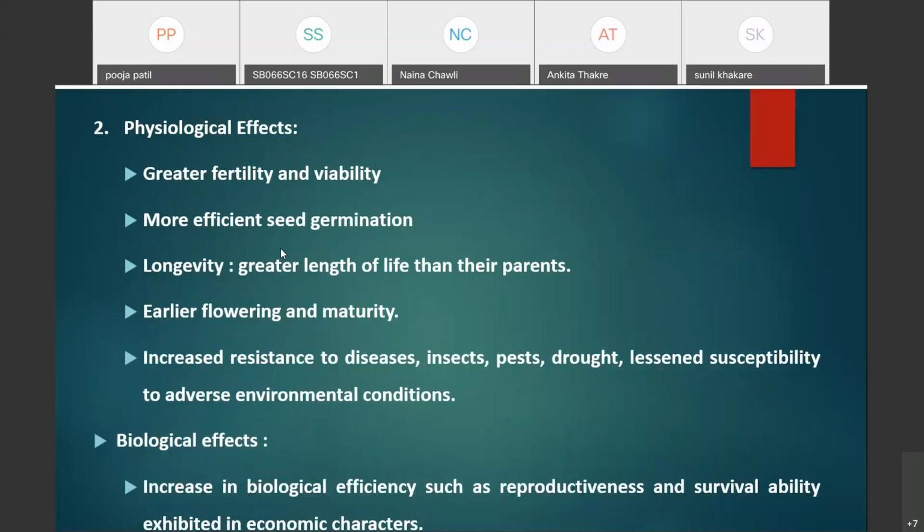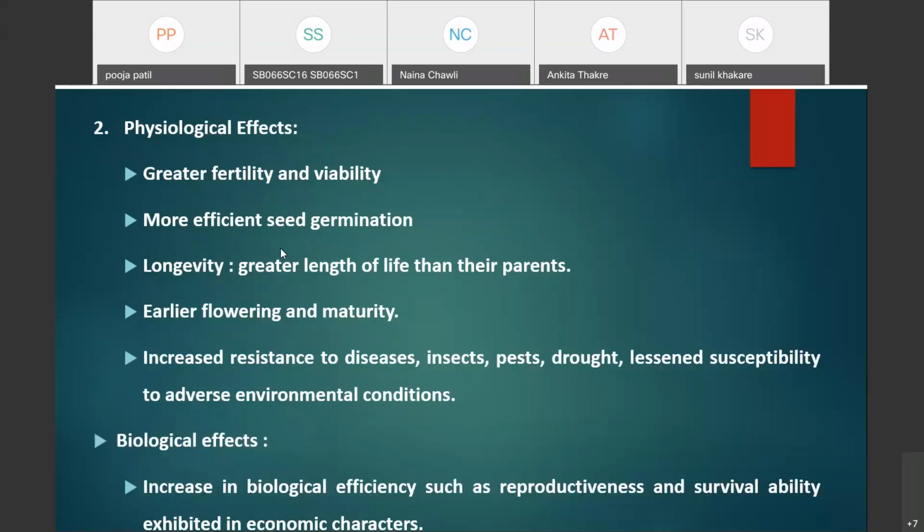Then the second one, the physiological effect. Here you can see the hybrid produced has greater fertility and viability, and more efficient seed germination. Then longevity, that is, a greater lifespan than the parents.